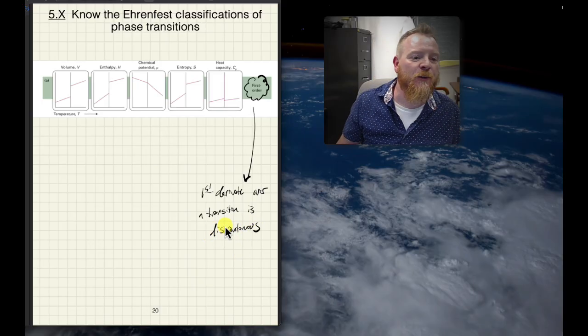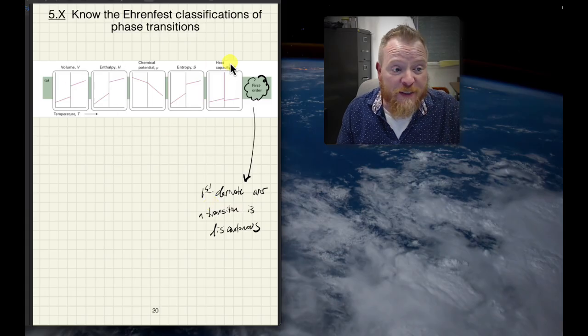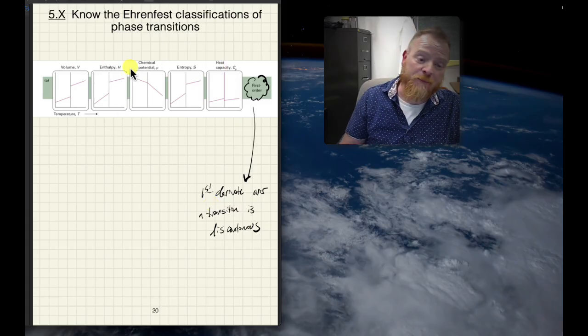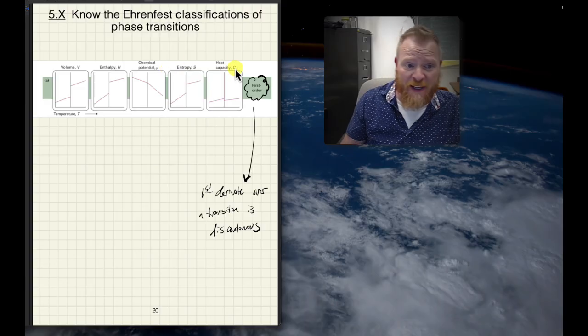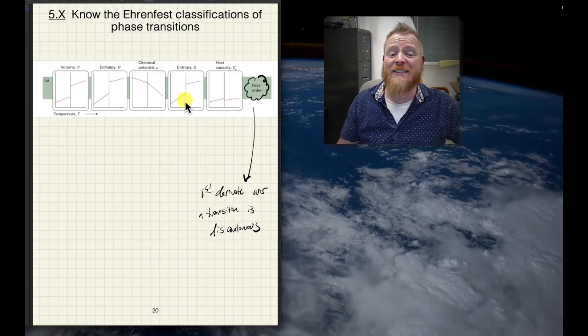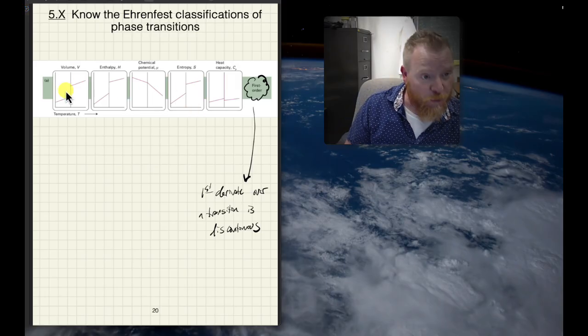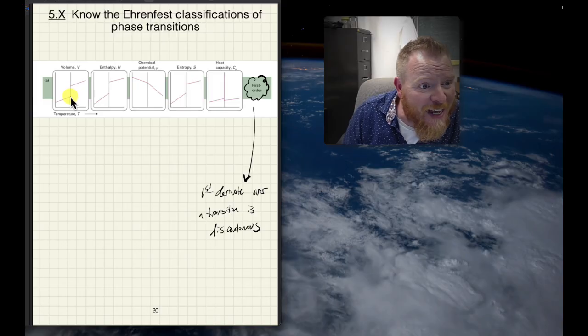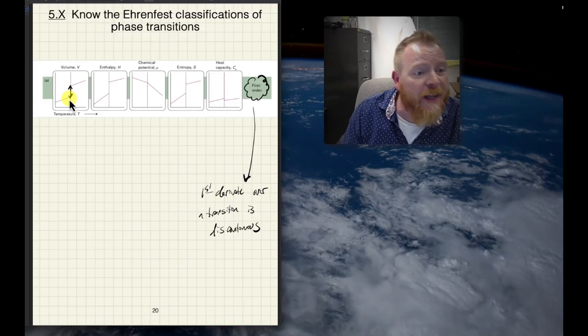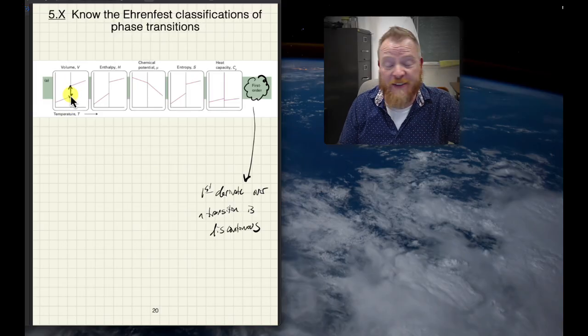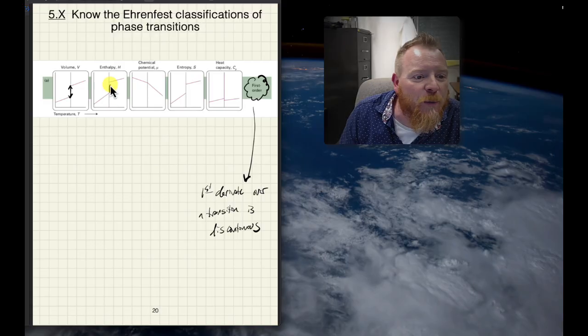So if we look at all of these different things like volume, enthalpy, chemical potential, entropy, heat capacity, we can see a notable change occurring where that phase transition happens. So for example, we can see a huge jump in volume going from one phase to another, which shows a discontinuous first derivative, right? Similarly, we can see a huge jump in the enthalpy.